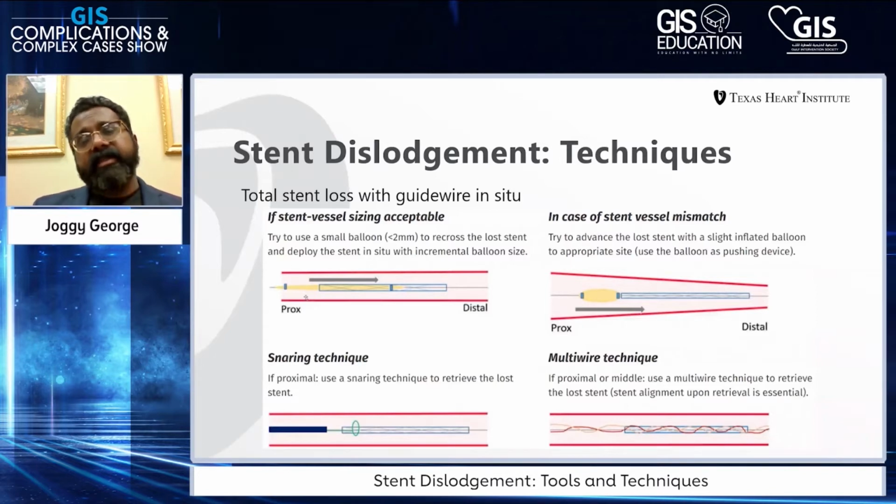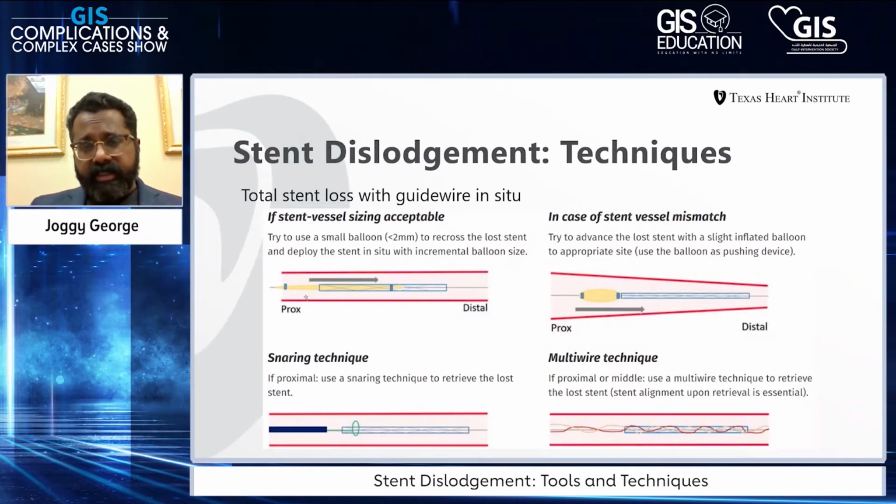In case there is a stent vessel mismatch, in other words, let's say the stent is too small to cover the area where this is placed, then we can use a partially inflated smaller balloon as a proximal anchor to push the undeployed stent into an area where there would be adequate size match of the stent.